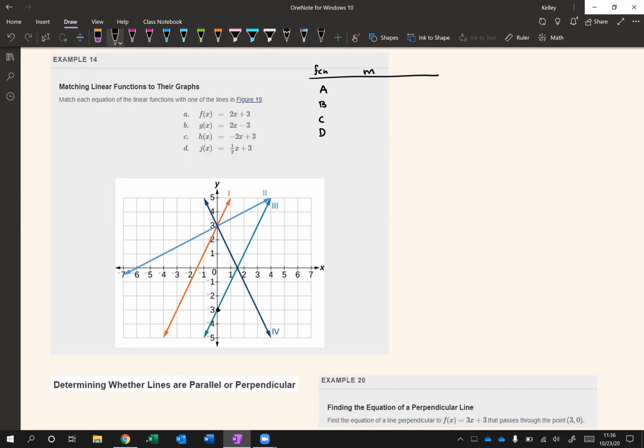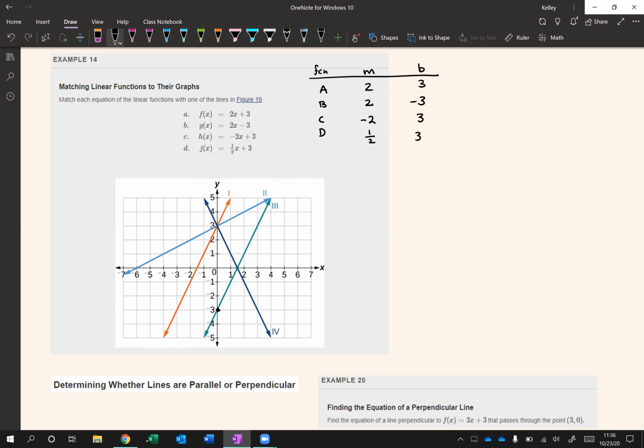We've got a slope and an initial value. For a, our slope is 2 and our initial value is 3. For b, our slope is also 2, but the initial value is -3. For c, I've got -2 as my slope and initial value 3. And for d, I've got 1/2 and 3.